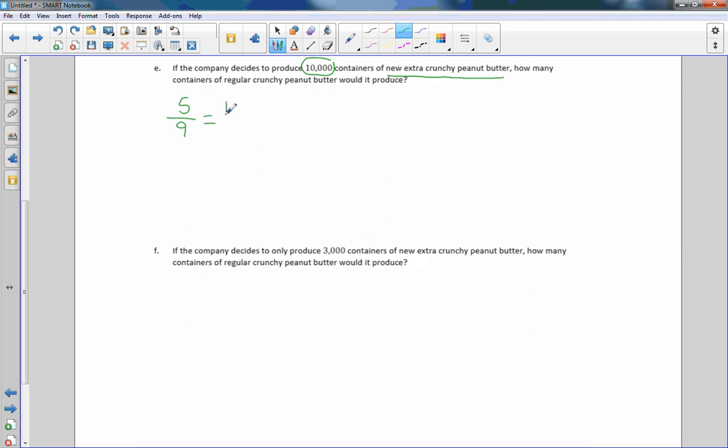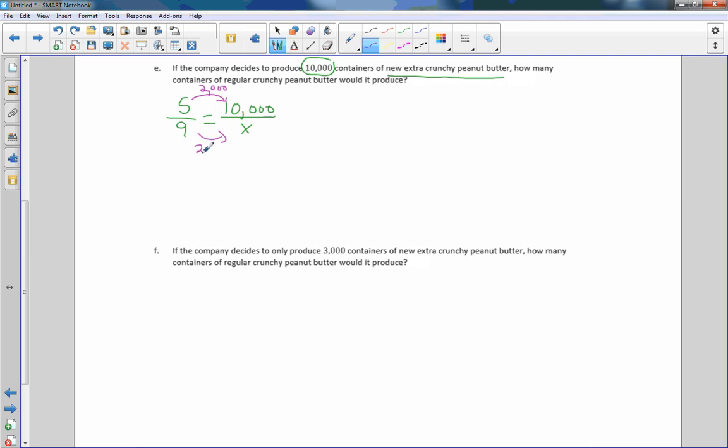And if I know I'm making 10,000 of the new, I can find the total. So then I ask myself, what do I multiply 5 by to get 10,000? Well, 5 times 2 is 10, and I've got those 3 more zeros. So 5 times 2,000 is 10,000.